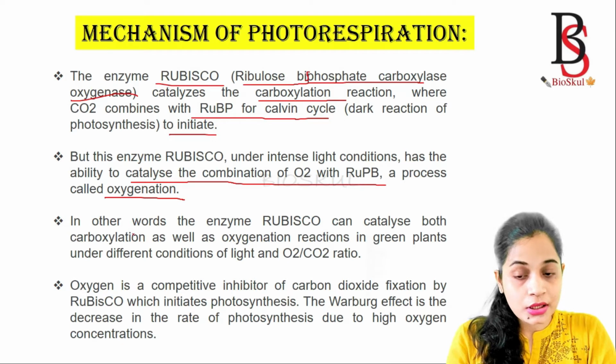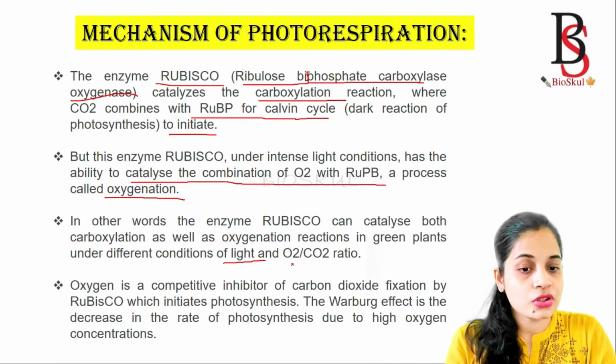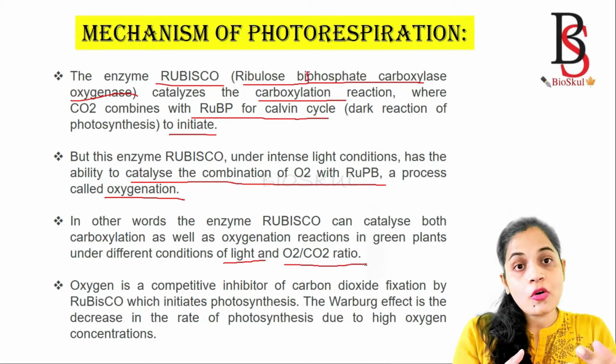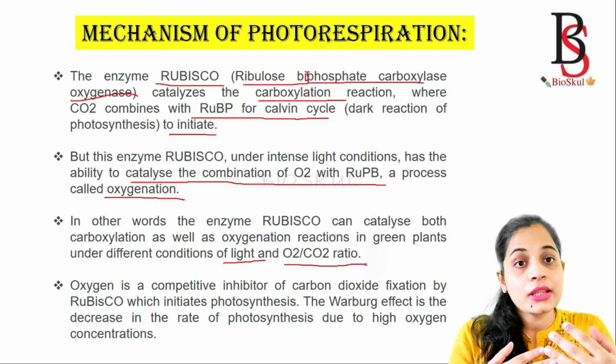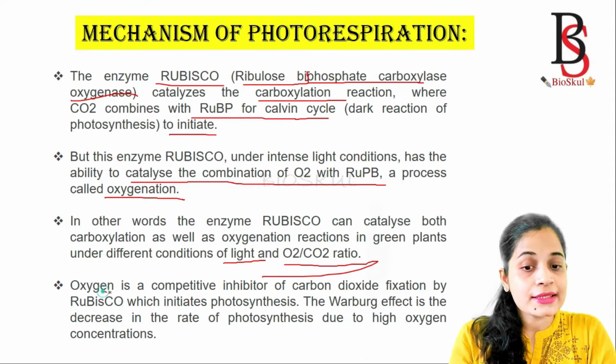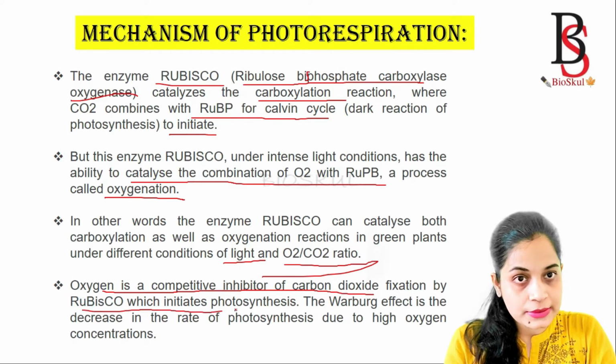But that depends on the different conditions of light and the ratio of oxygen to carbon dioxide. If the concentration of oxygen is more than that of carbon dioxide, then oxygen acts as a competitive inhibitor of carbon dioxide fixation by RuBisCO, which initiates photosynthesis.